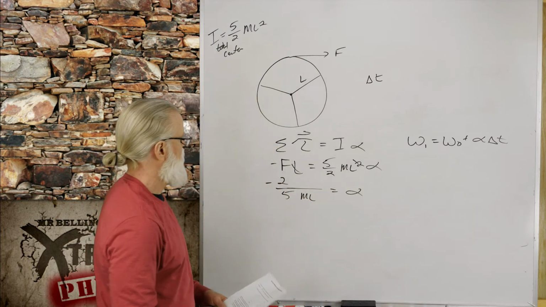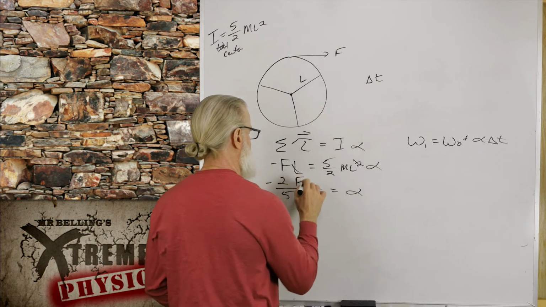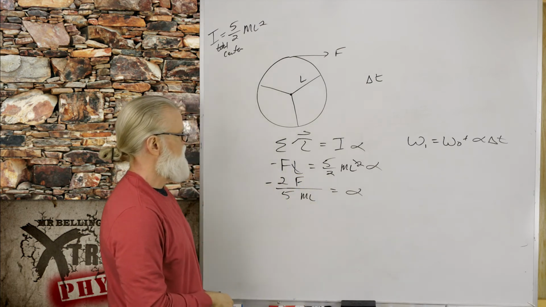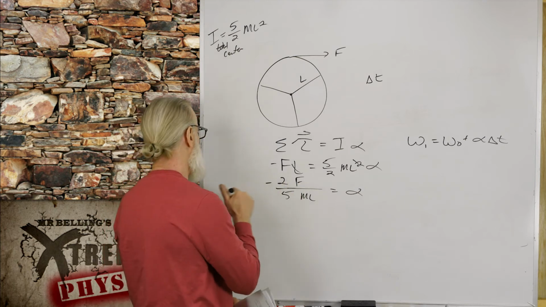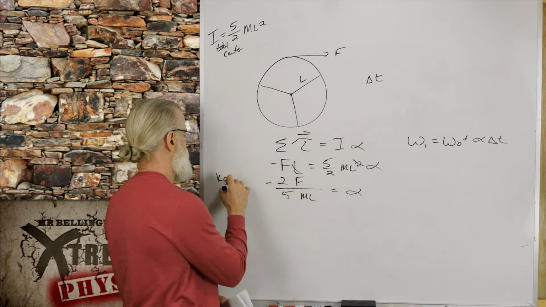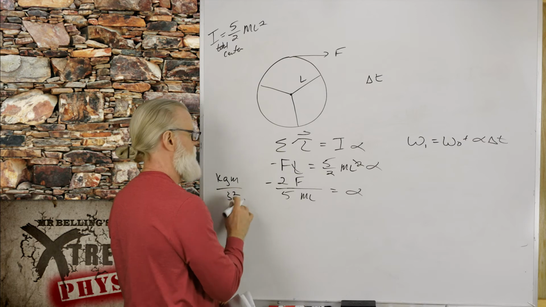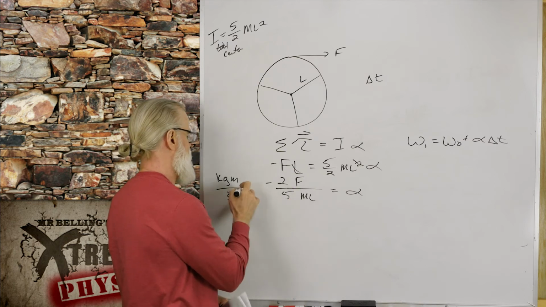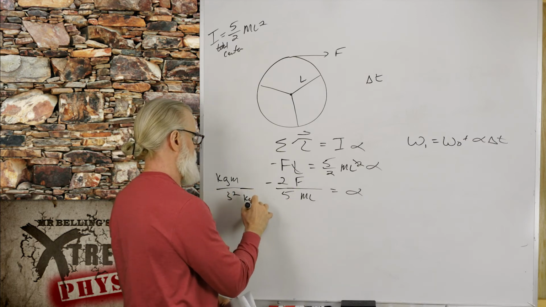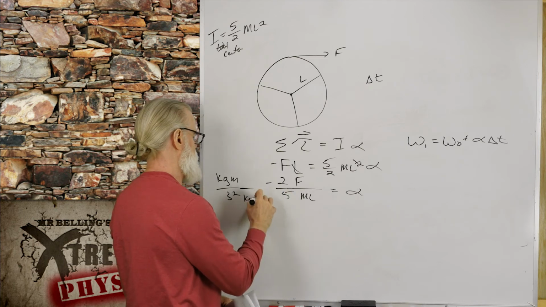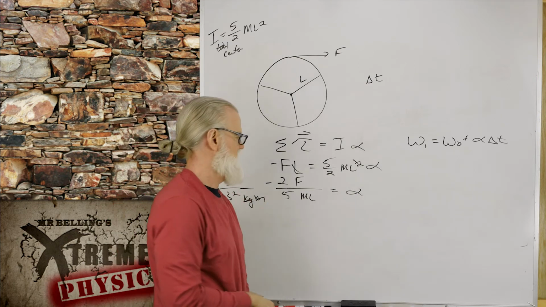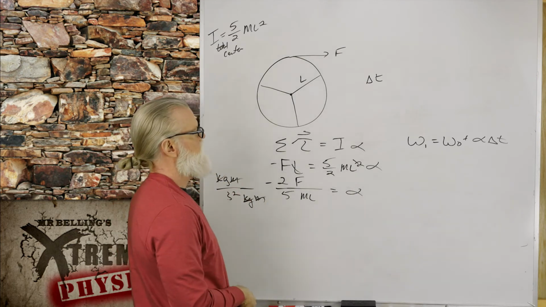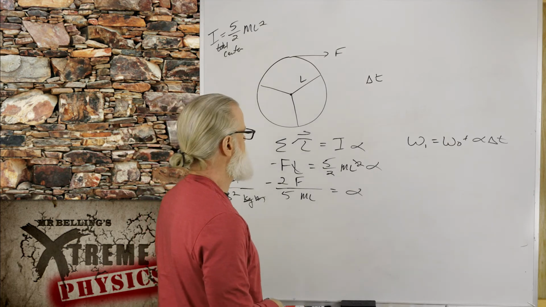Oh, forgot my F. Can't forget my F. Are the units working out okay? We got F, which is kilogram meters per second squared, divided by mass, which is kilograms, and length, which is meters. So meters go away, kilogram goes away. We got 1 over second squared. Yes, the units are right, so we can feel pretty good about that.